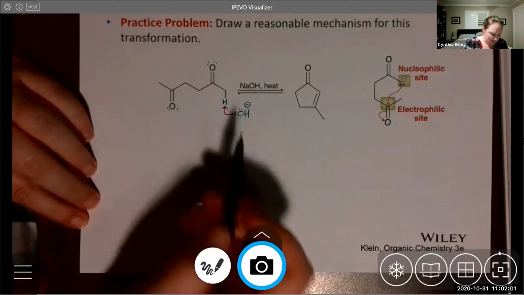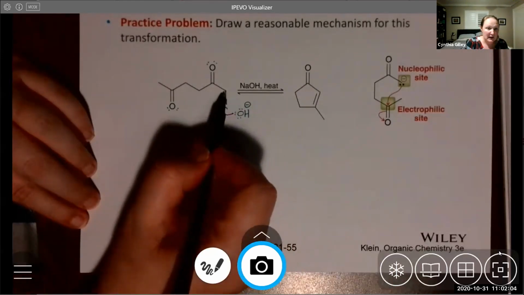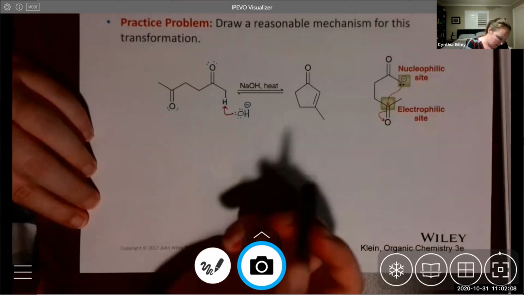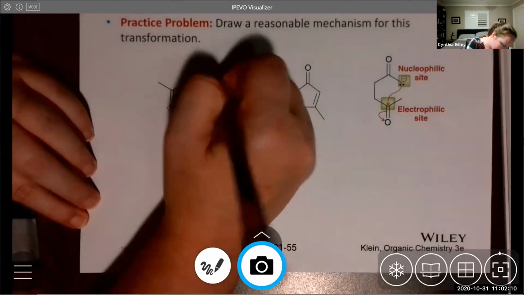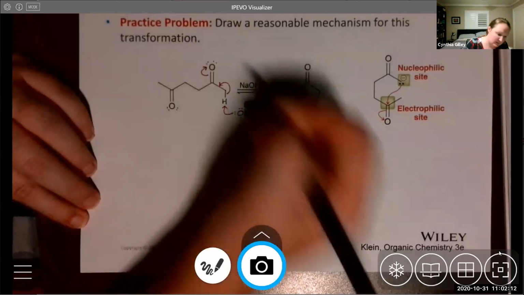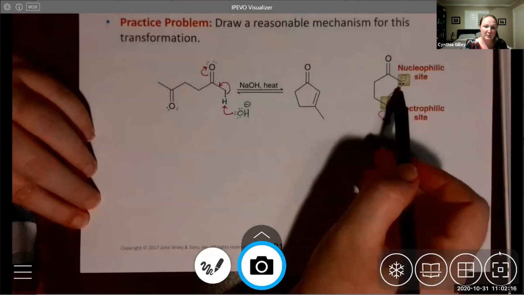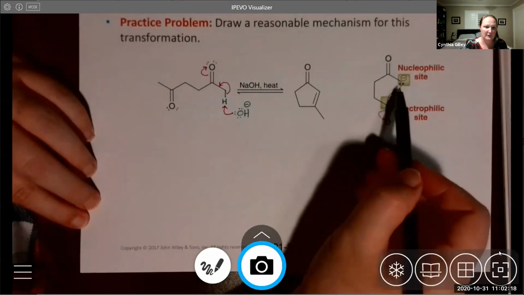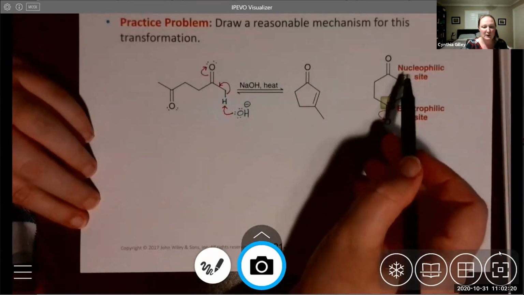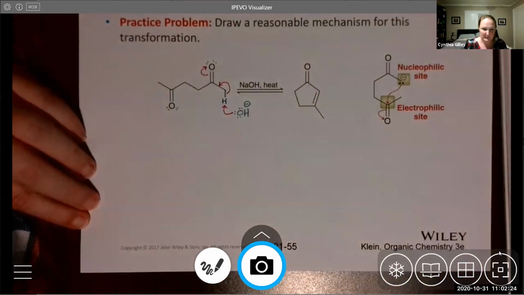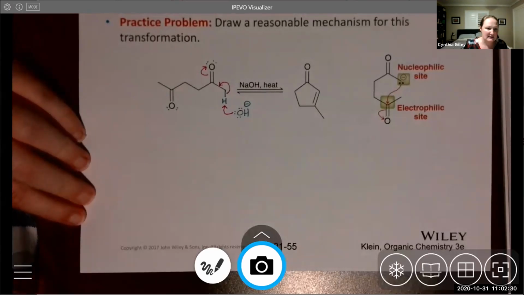Again, you can leave these electrons as a lone pair on this alpha carbon with a negative charge, or you can move the electrons all the way up to the oxygen. Notice that they did leave the lone pair and the negative charge on the carbon. Just to show you that you can do it either way, I went ahead and moved the electrons all the way up to the oxygen. And it doesn't matter which one of those two you do, they essentially mean the same.